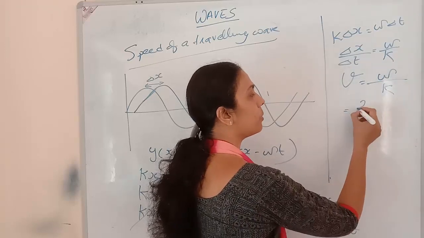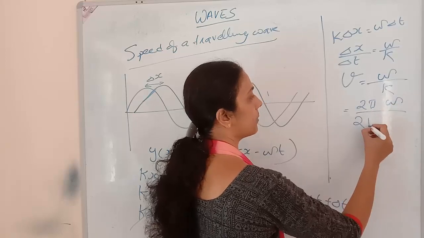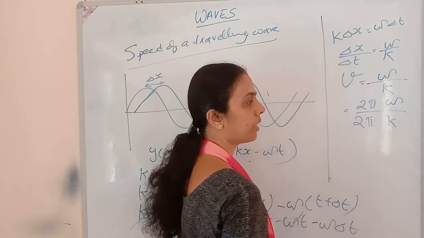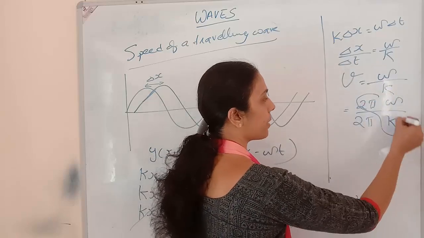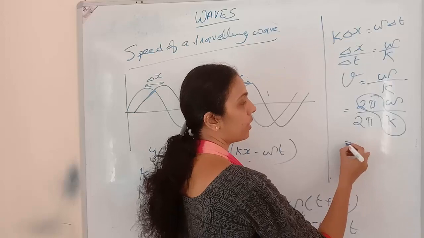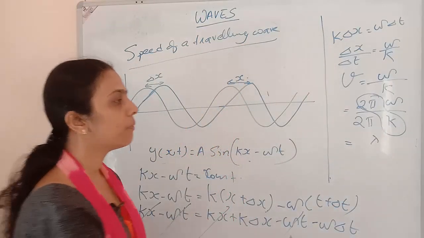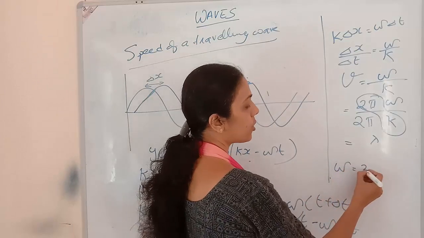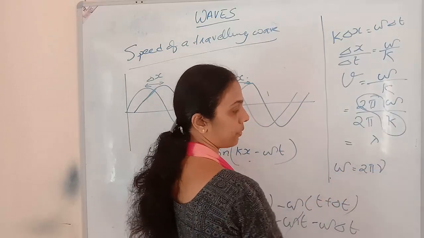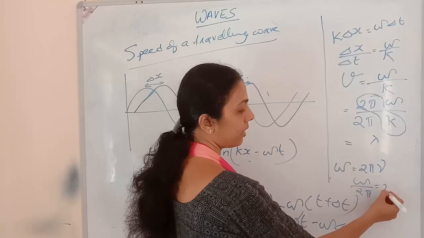Now I am going to multiply 2 pi in the numerator as well as the denominator. What is 2 pi by k? 2 pi by k is lambda. So instead of 2 pi by k, I can write lambda. We know that omega equals 2 pi nu.